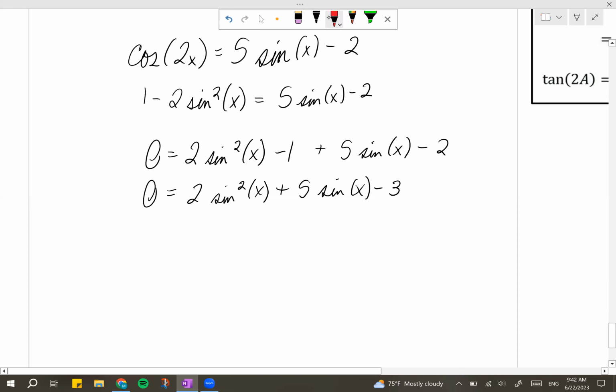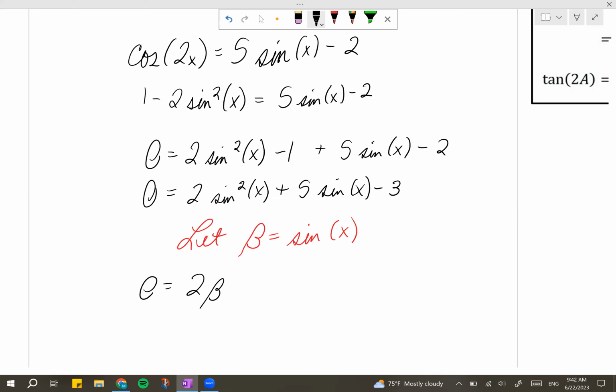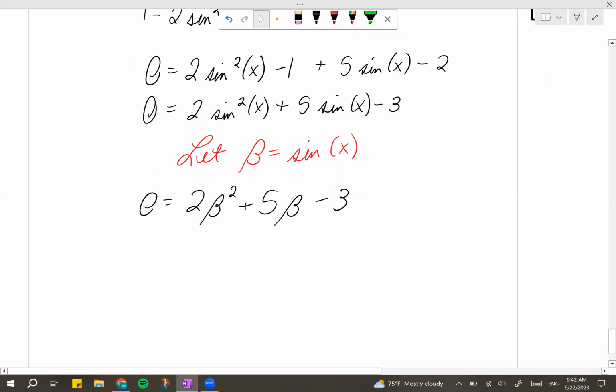And to help me see more that it's a quadratic, I'm going to let beta be equal to sine of x. So then I'm going to get 0 is equal to 2 beta squared plus 5 beta minus 3. Ready? I'm going to try and factor this. So I'm going to do 2 beta, beta.